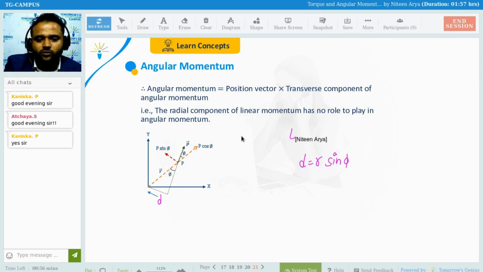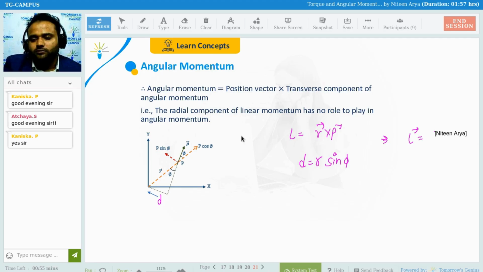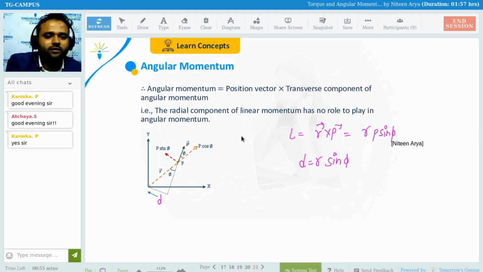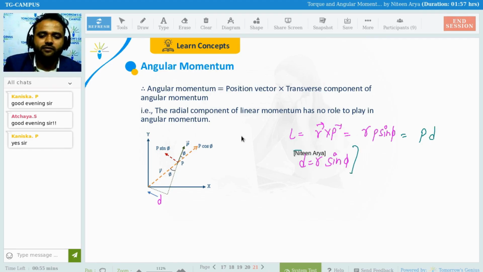So L is going to be r cross p, or L can be r p sine phi. I can write it as p d, where d is r sine phi. P is in this direction and d is this, so this is my r sine phi. This is the transverse component of the position vector, which is d, and this is p phi.